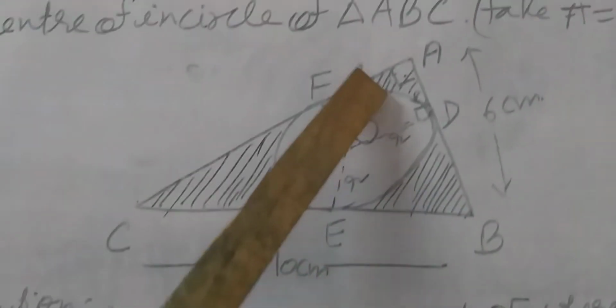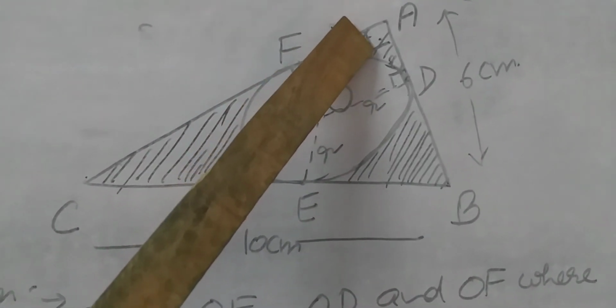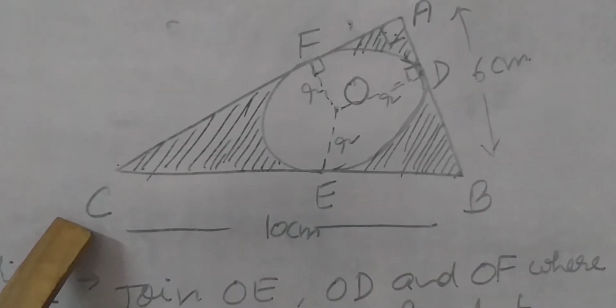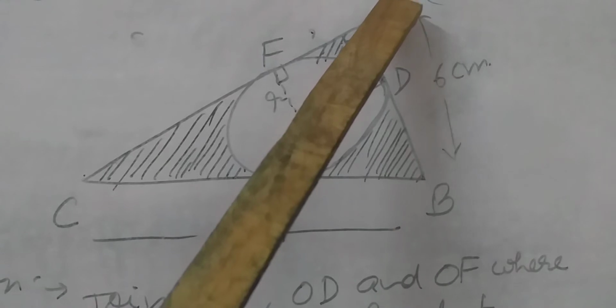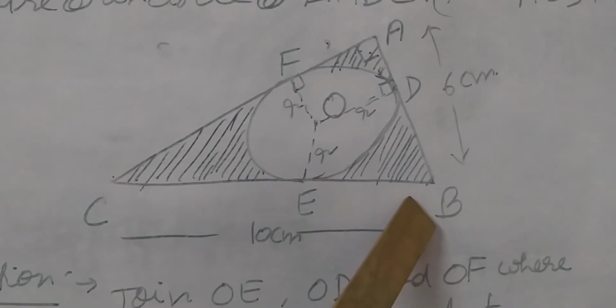Now students, in triangle ABC, angle A is 90 degrees, let us use Pythagoras to calculate AC. So BC square, hypotenuse square, equals perpendicular square, AC square, plus base square, AB square.